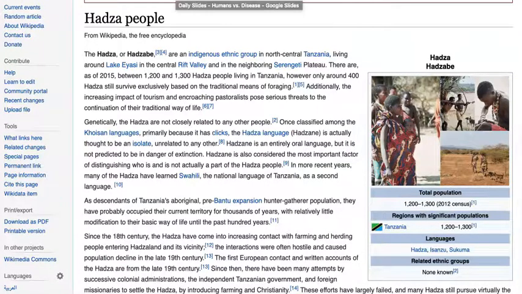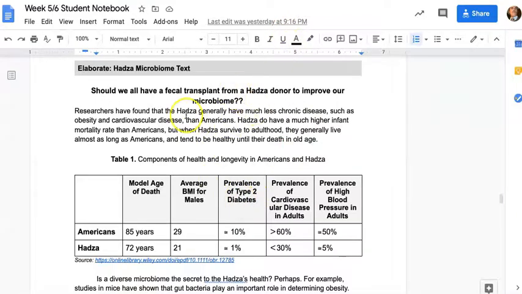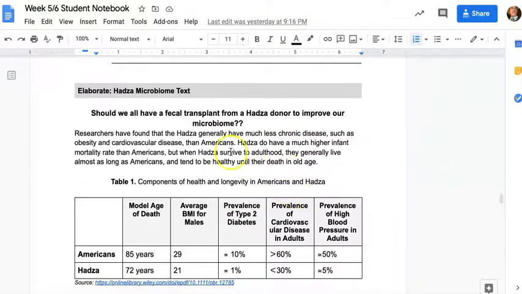Scientifically, it's ideal. So I want you to read about their microbiome, and then some of the ideas that we have about should we all get fecal transplants from a Hadza donor.